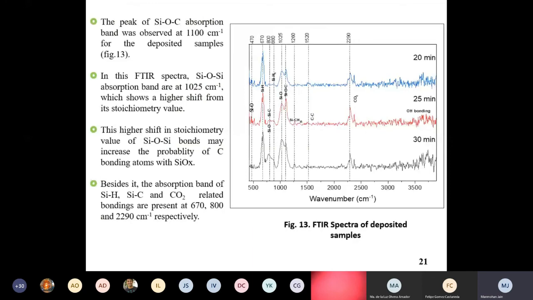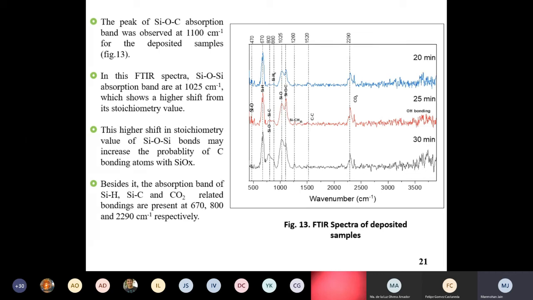So here we can see the FTIR spectra of the deposited samples. Again at 1100 centimeter inverse wave number, we can see the silicon oxycarbide absorption band, and another silicon oxygen absorption band at 1025, which shows a higher shift in stoichiometry value from 1080.